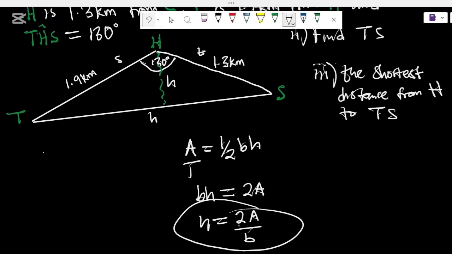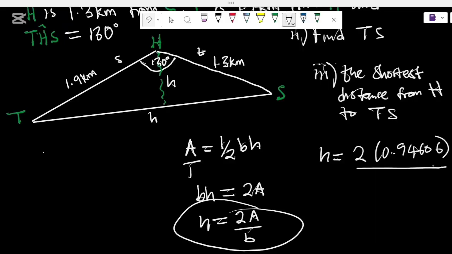So this is the formula that we are going to use to find the shortest distance, which is represented by H. So let's go ahead and do the math here. H is equal to 2, and remember that we found the area of the triangle, which in this case is 0.94606.